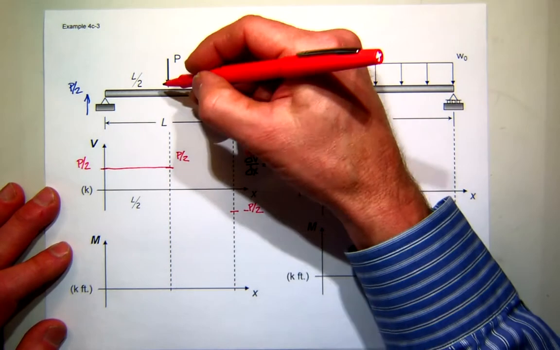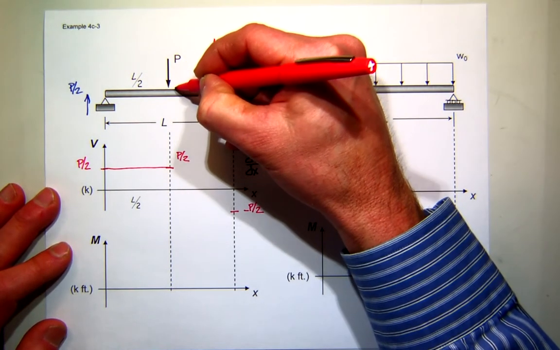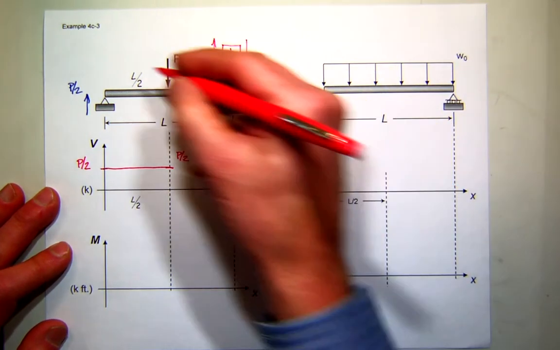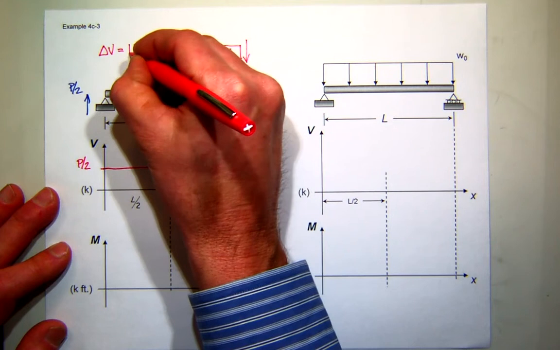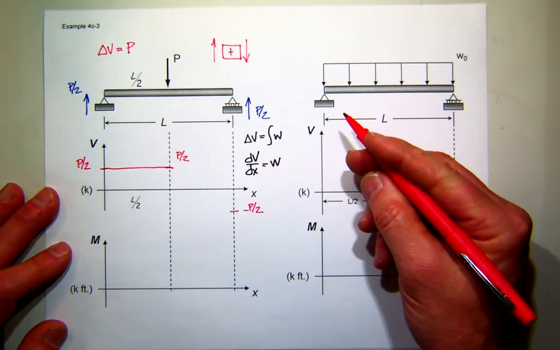Now we've talked before about when you go from the left side, pass under a concentrated load to the right side, how does the shear change? In that case, the change in shear is directly equal to the load. Now that load is positive or negative? Negative.